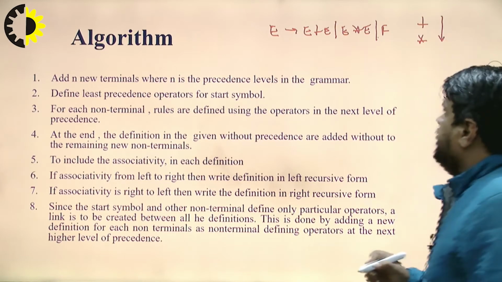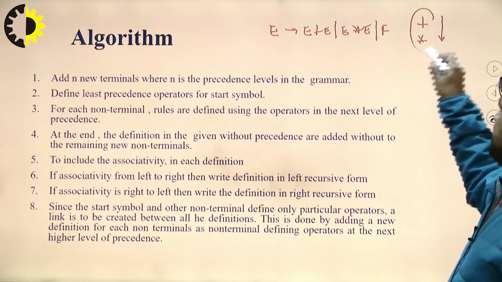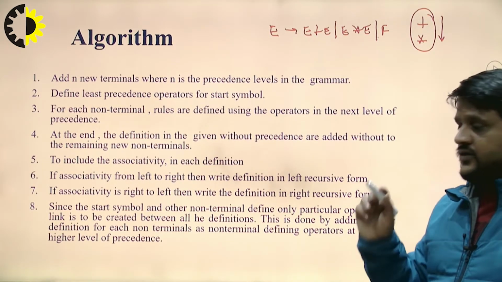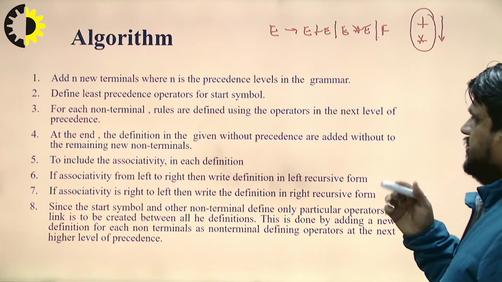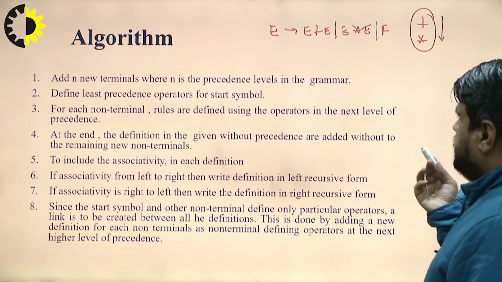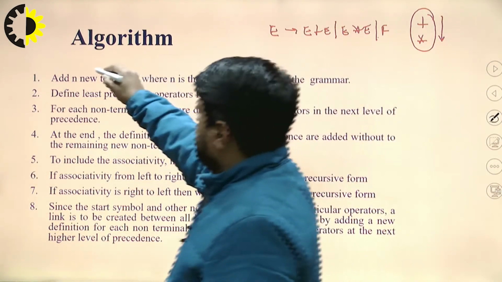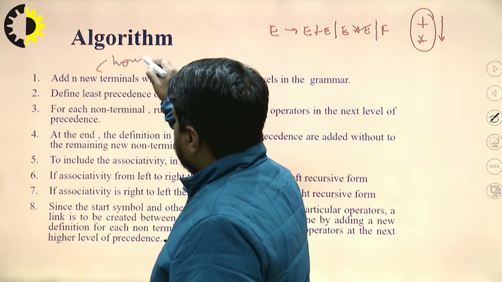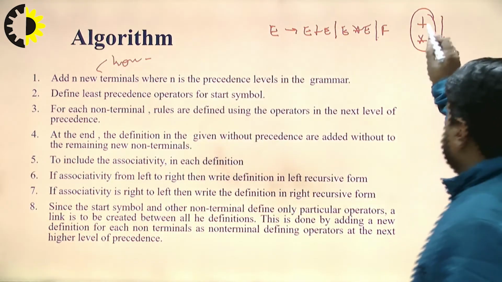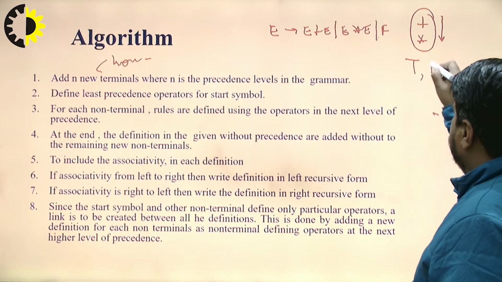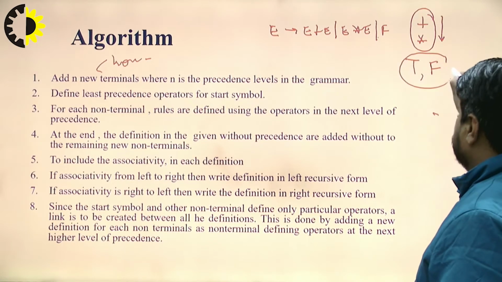So two precedence levels will be here. So you have to add two new non-terminals, not terminals. I will take T and F as the two non-terminals.